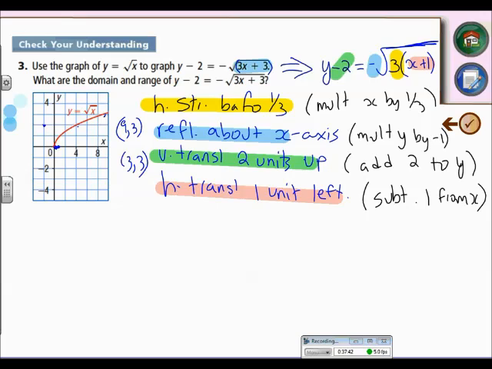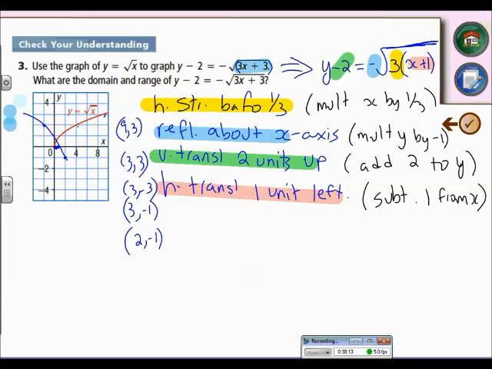Then multiplying the y by -1, we get 3, -3. Then we add 2, so we take it 2 up from there: 3, -1. Then moving it 1 to the left gives us 2, -1. So 1, 2, and -1 right here, and we get it looking like that.